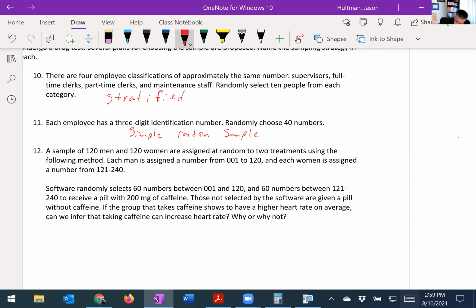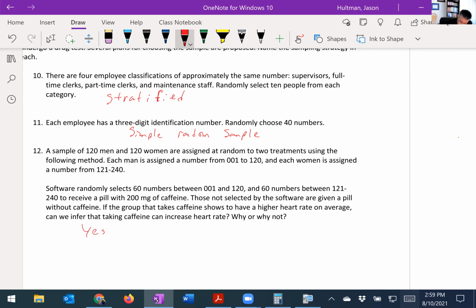Software randomly selects 60 numbers between 1 and 120 and 60 numbers between 121 and 240 to receive a pill with 200 milligrams of caffeine. Those not selected by the software are given a pill without caffeine. If the group that takes caffeine shows a higher heart rate on average, can we infer that caffeine can increase heart rate? Why or why not?